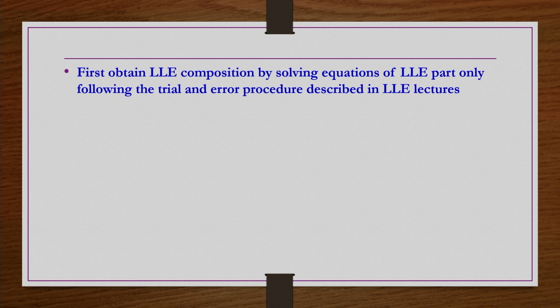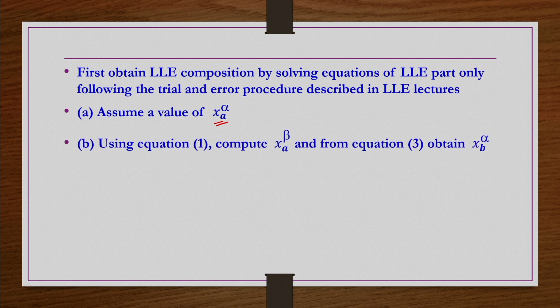That way we are doing it, because the pressure is in the low to moderate range. So, first obtain the LLE composition by solving the equations of the LLE part only, following the trial and error solution procedure described in the LLE lectures. What did we do there? We assume a value of XA alpha, and then using equation 1 in the previous slide, compute XA beta, and then from equation 3 you obtain XB alpha.